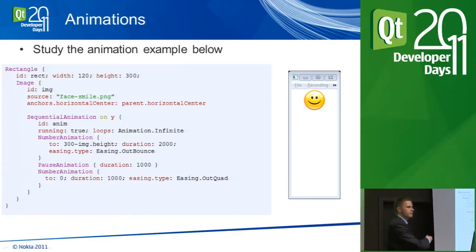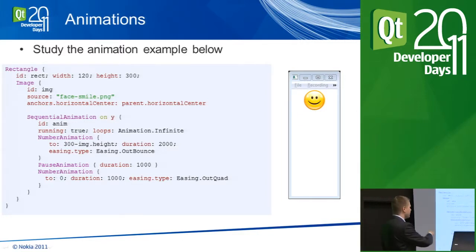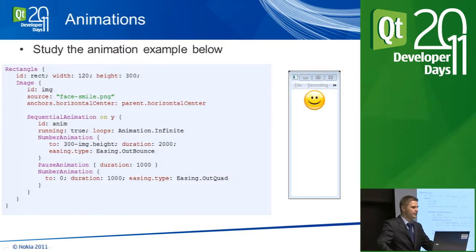The sequential animation makes sure that these animations run one after another. So that enables us to animate our UIs, to animate transitions in nice ways. Let's go into a bit more detail.